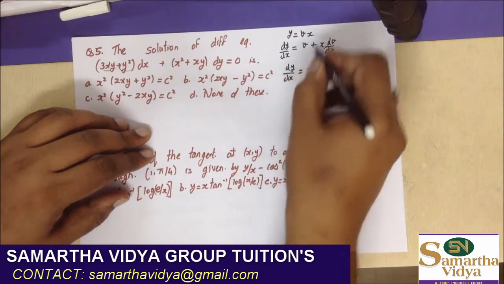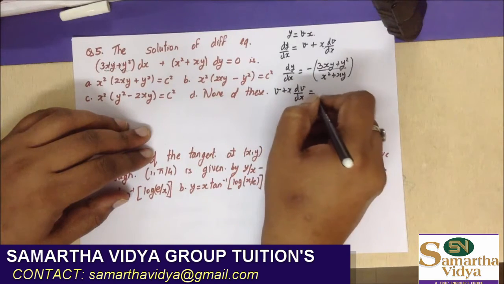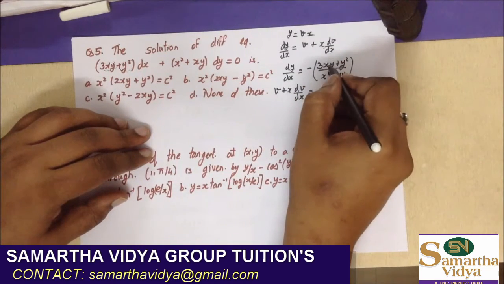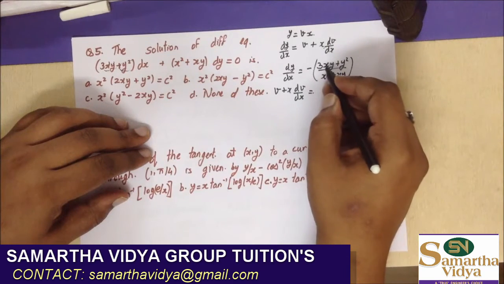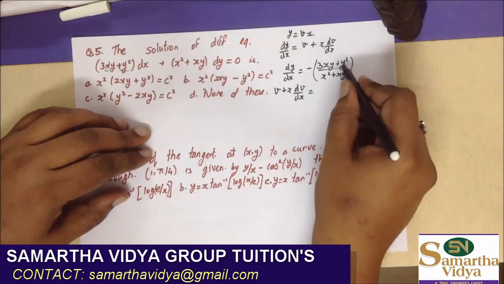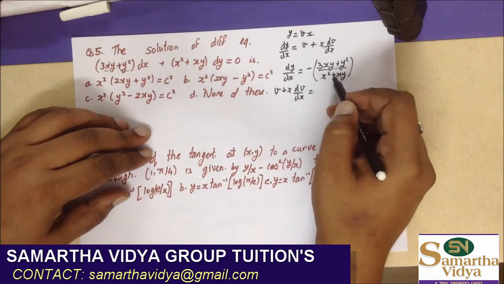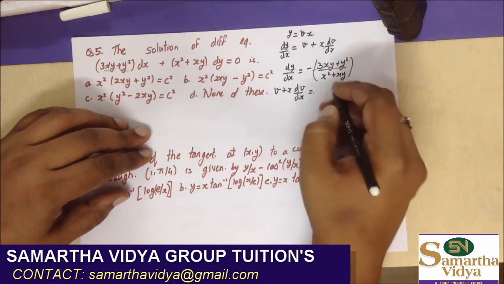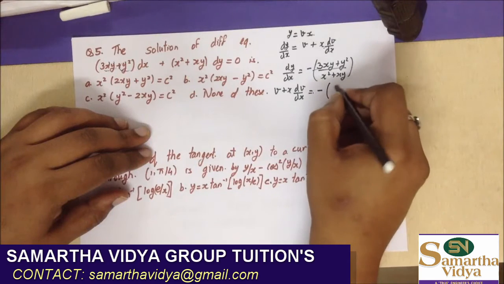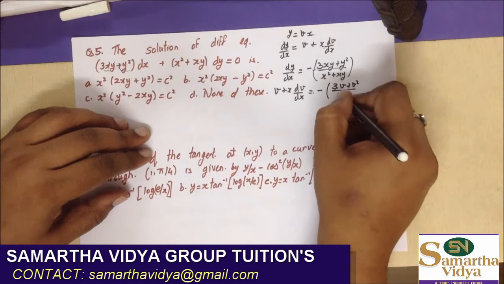So dy/dx is nothing but v + x dv/dx, which is equal to, substituting in this, x into y which is vx, so that is going to be nothing but -3vx². In this also we'll be getting v²x². Below also we'll be getting x² + vx². You can see x² we can take common and that gets cancelled out. So this becomes -(3v + v²)/(1 + v).